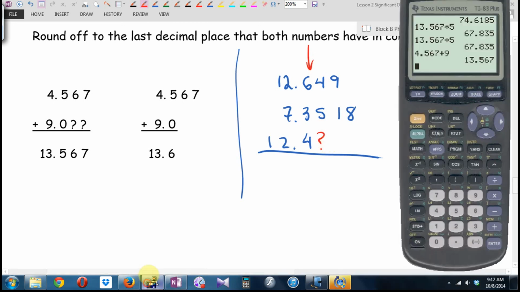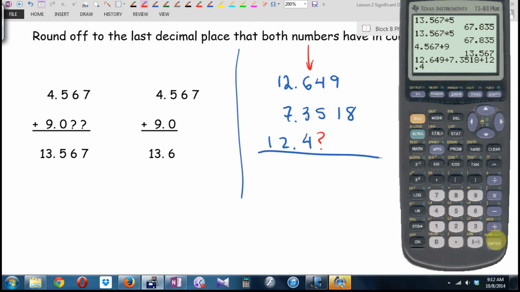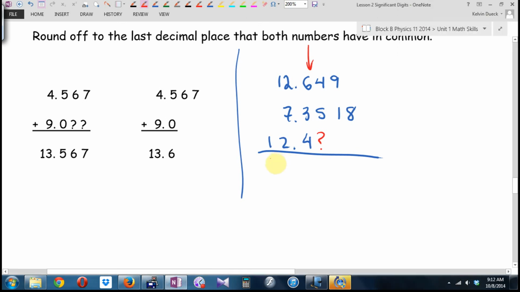I'm going to go to my calculator, and I'm going to go 12.649 plus 7.3518 plus 12.4, and I get 32.4000, sorry, 32.42 zeros and an 8. This is what I'm going to round off to.